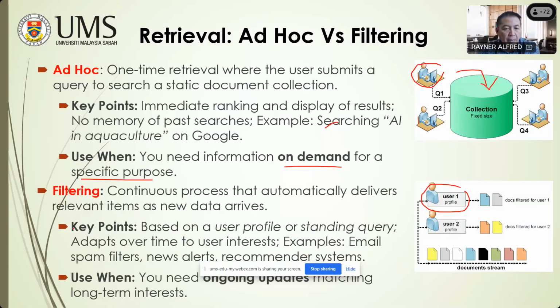So this is based on a user profile, and it adapts over time to user interest. You can try this one because if you log in into the Google account and you type a certain word, it will come out differently when you log in. So login and not login, you will have a different set, maybe 80% the same, but 20% different.